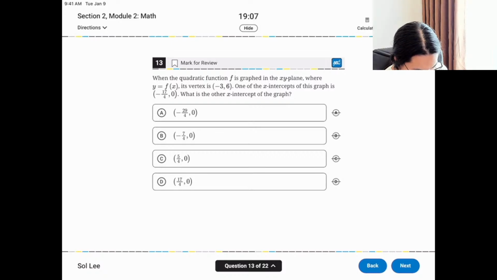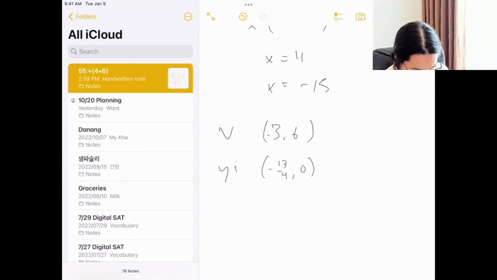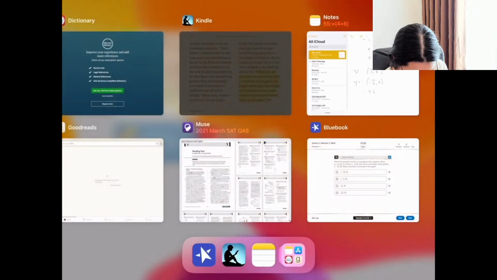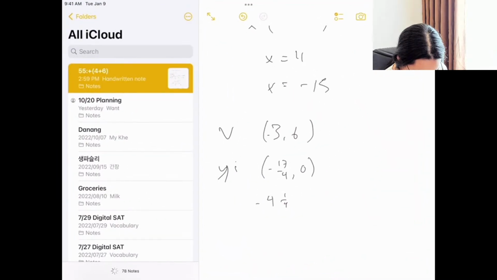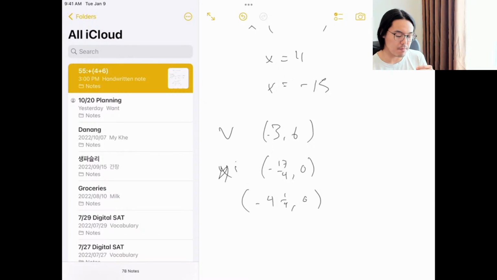So let me just double check. Minus 17/4, that's actually equal to minus 4 and 1/4, right? Well, this is an x-intercept. Oh my god, I'm confusing this. Okay, this is minus 4 and 1/4. So the other one has to be the mirror side.